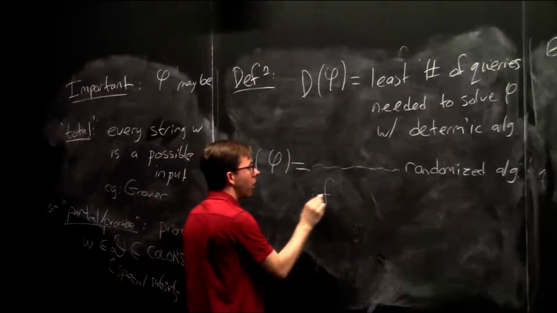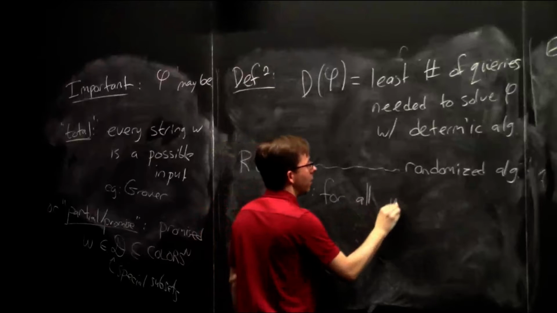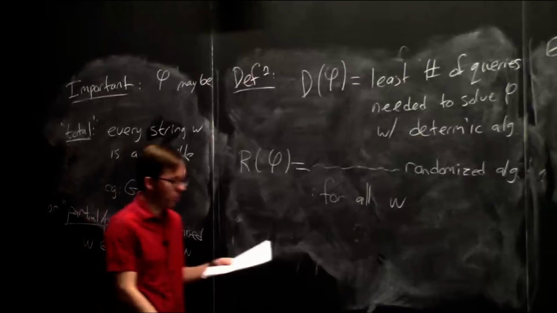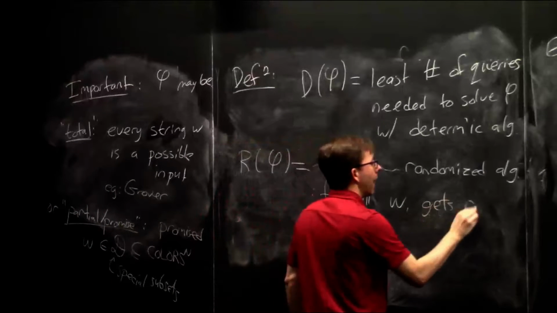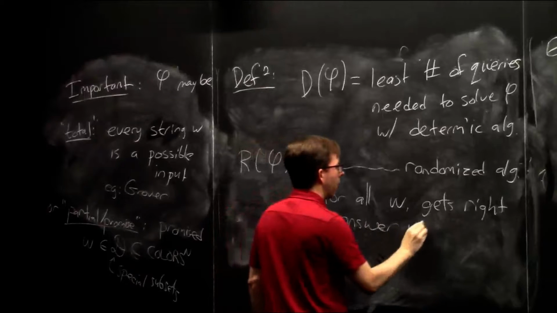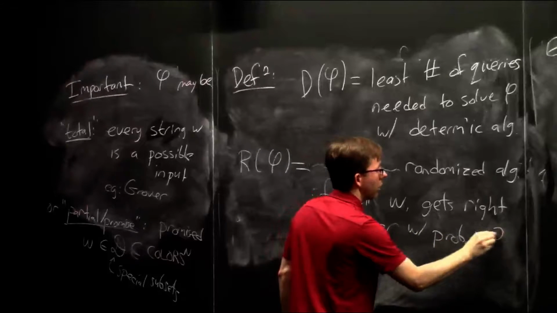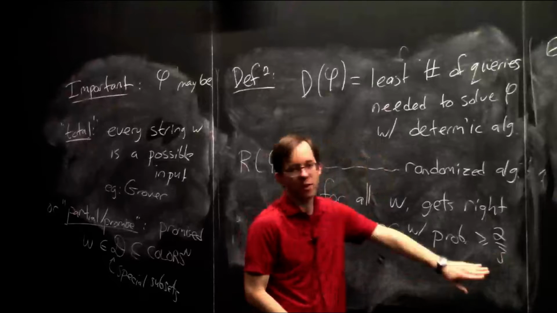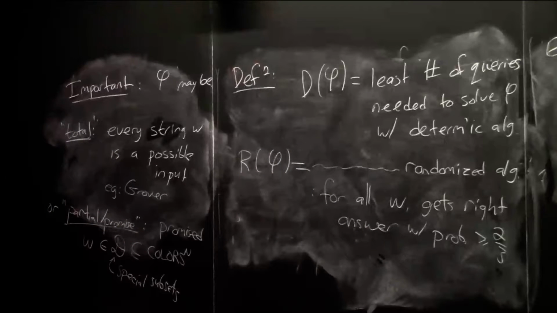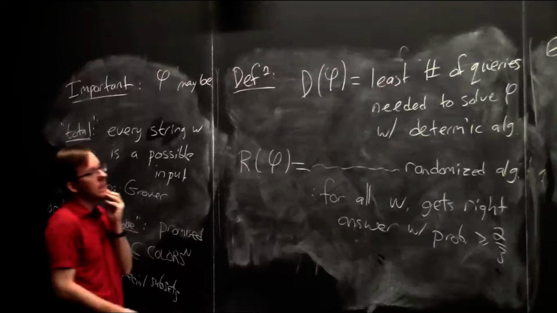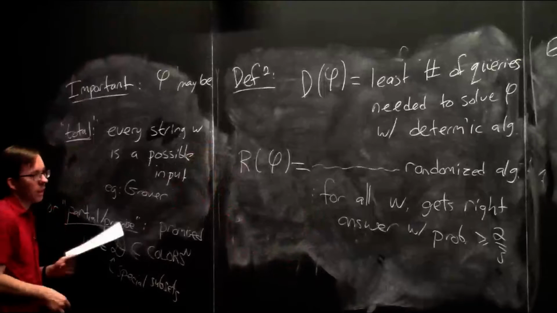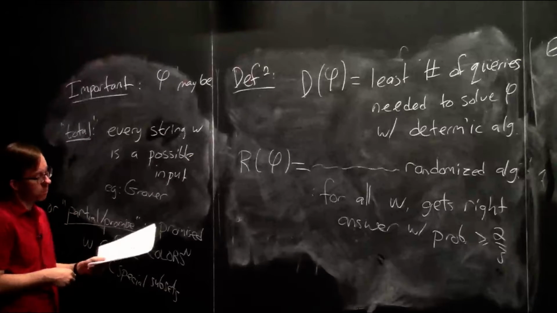So for all inputs W, either all inputs in the total case or all W in the special set D in the promise case, it gets the right answer with probability, let's say, at least 2/3. This number, as we've seen before on homework 1, is not especially important. We'll just fix it to be 2/3. So it's not allowed to be extremely bad on any input.